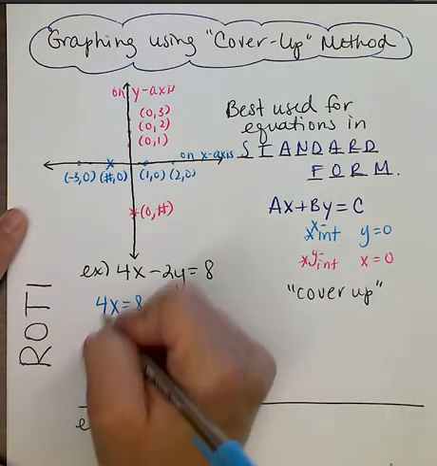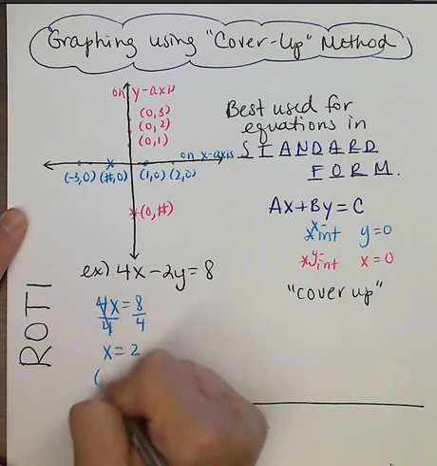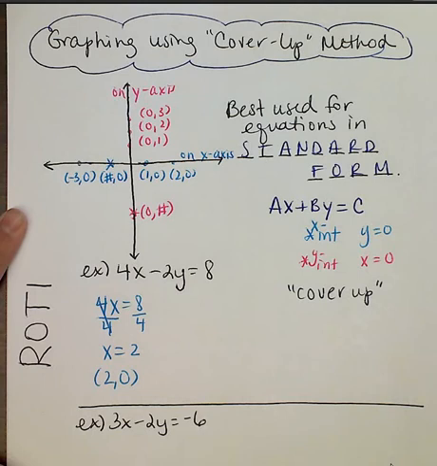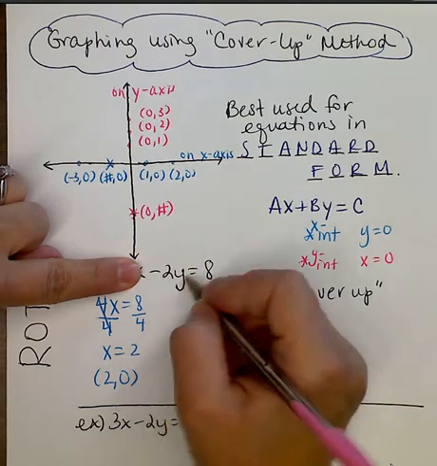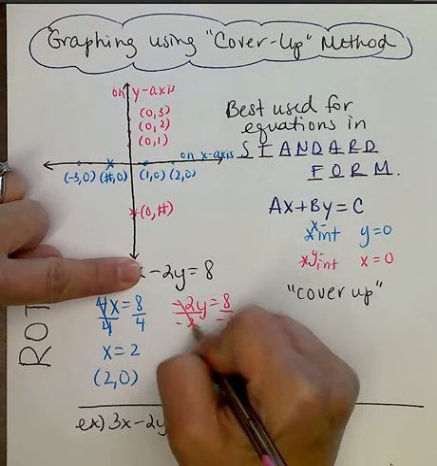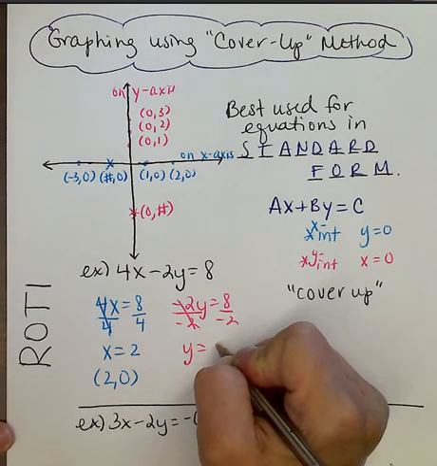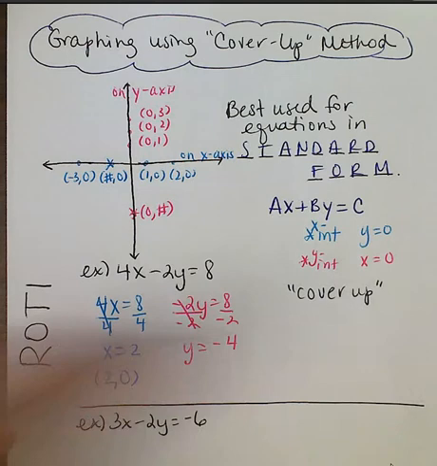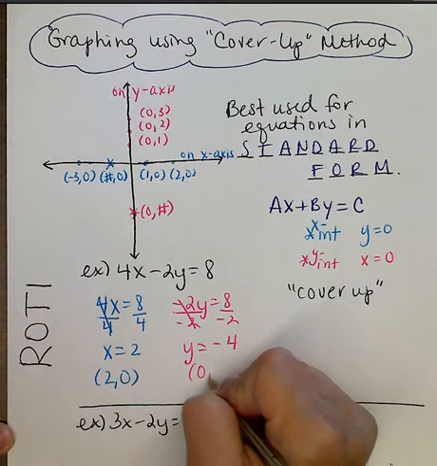And when we solve that using inverses, we're going to get the x-coordinate for the x-intercept. And then if x equals 0, 4 times 0 is 0, and 0 minus 2y equals 8 would just be negative 2y equals 8. Solving that, we get y equals negative 4. And so our y-intercept can be at 0, negative 4.